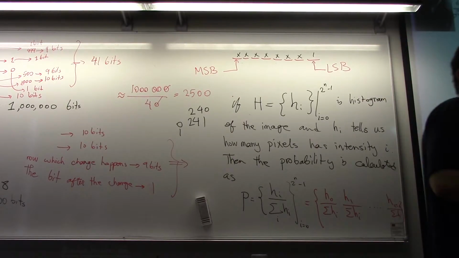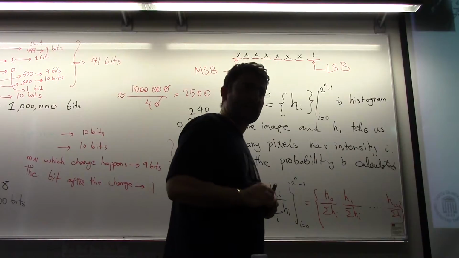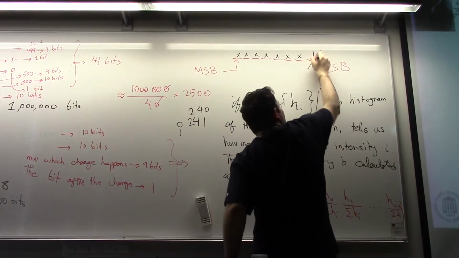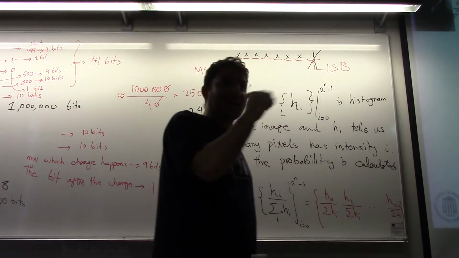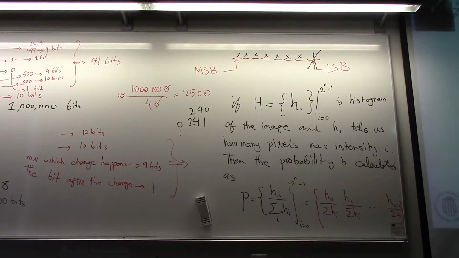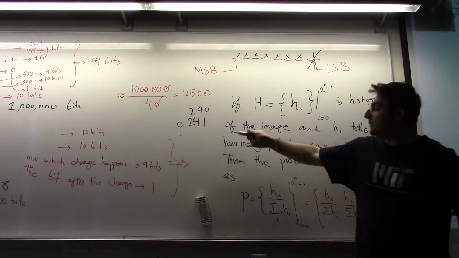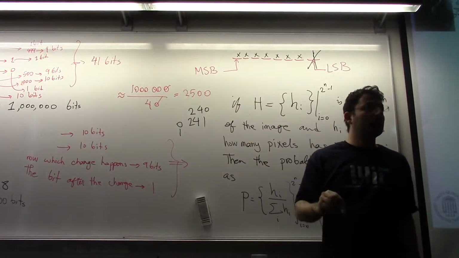So this means that what will happen if I completely kill this one? And I look at, instead of 8 bits, I kill the least significant and I have 7 bits, I create the image, I give it to you. Can you understand that there are some changes? No. Because what happens is you do not see the difference between 240 and 241.